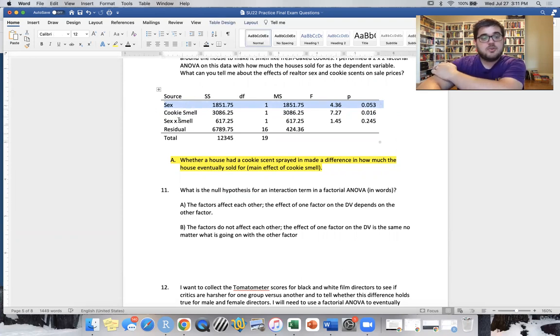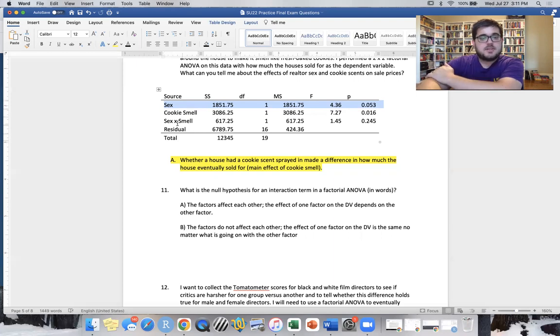And you're ignoring the means of all the other factors. You're averaging over them. The null hypothesis is that, for instance, the sex of the realtor makes no difference on the dependent variable, housing prices.